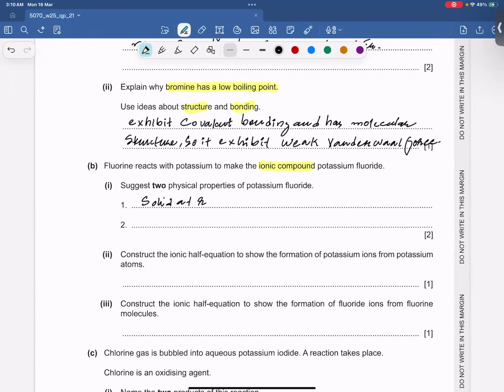At RTP, high melting and boiling point. Soluble in water, conducts electricity in aqueous state.